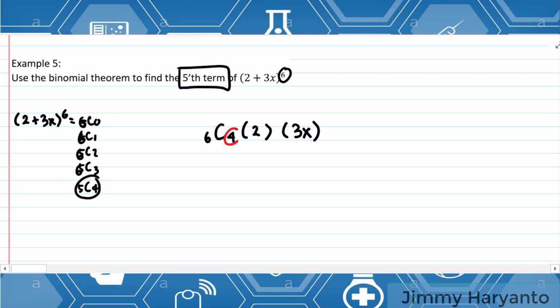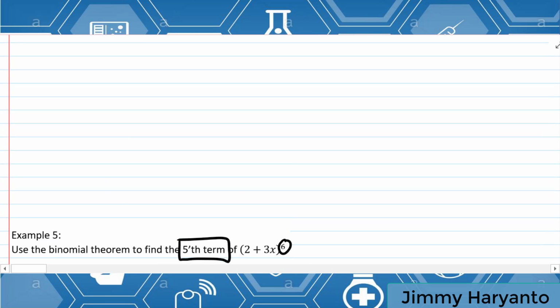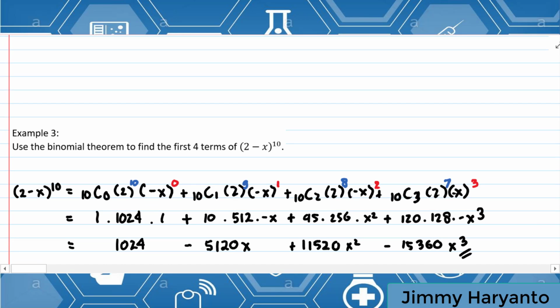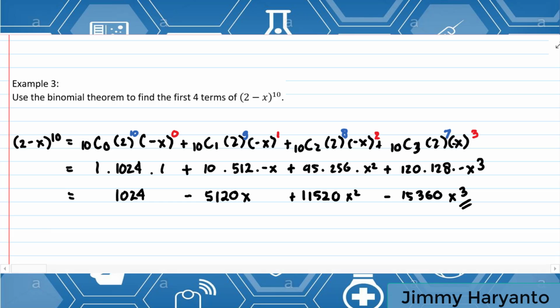Take a look at this. This one is 4, right? So this one also 4. This one is the opposite. If you notice with our expansion before, these powers all give us the sum of 10, the same as the power of the binomial. 10 plus 0 is 10, 9 plus 1 is 10, 8 plus 2 is 10, 7 plus 3 is 10.